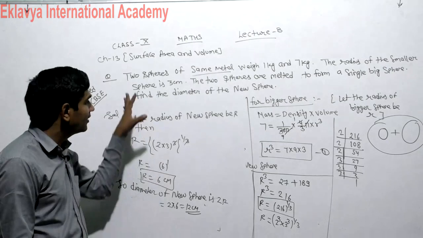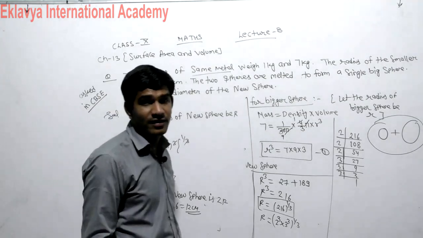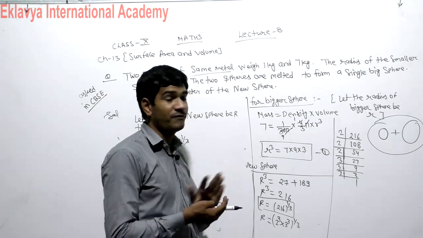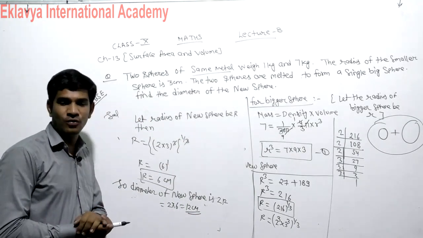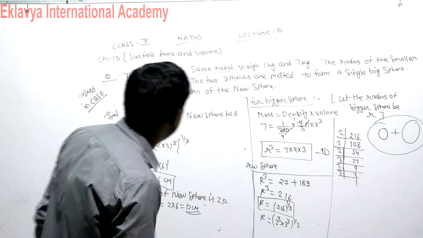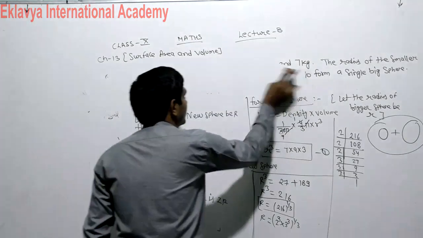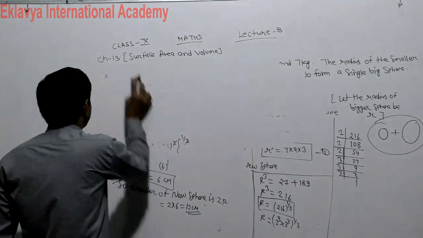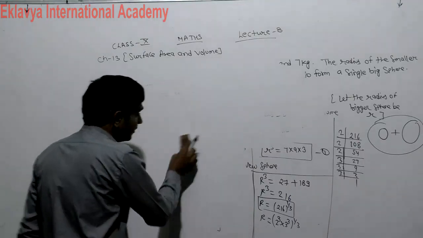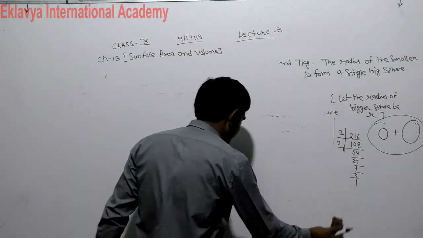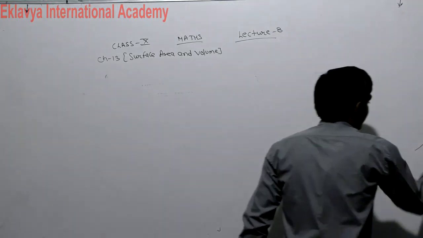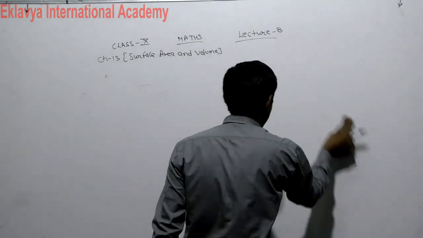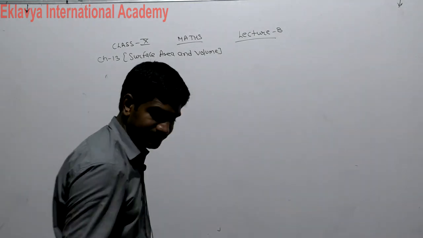Understand, students? So that is a very, very important question, which is based on a different type of concept, that is the density concept. Okay, now the next question. In the next question we will discuss volume conversion: how volume conversion works if one solid is converted into another solid.